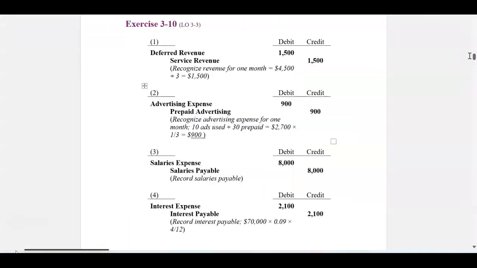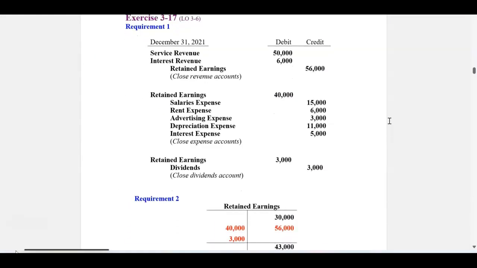That was problem 17. What you need to close: first, you close your revenues, then you close your expenses, and then you close dividend. In the method I was teaching in the video, I said to close your revenues into the income summary T account, then close your expenses into income summary, and finally close the income summary into retained earnings.